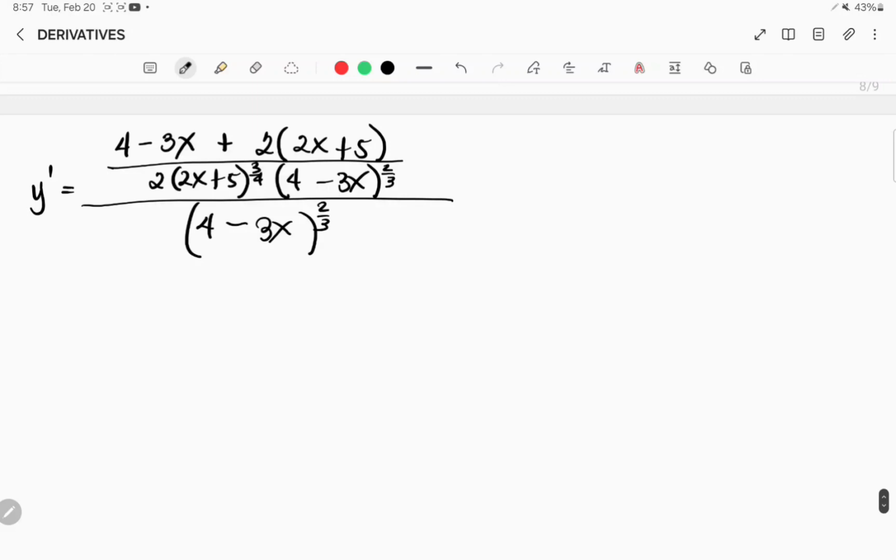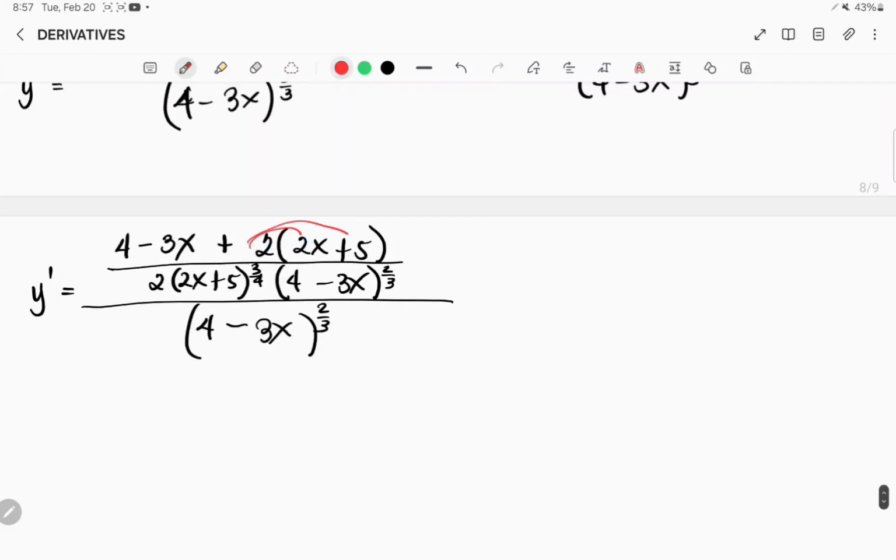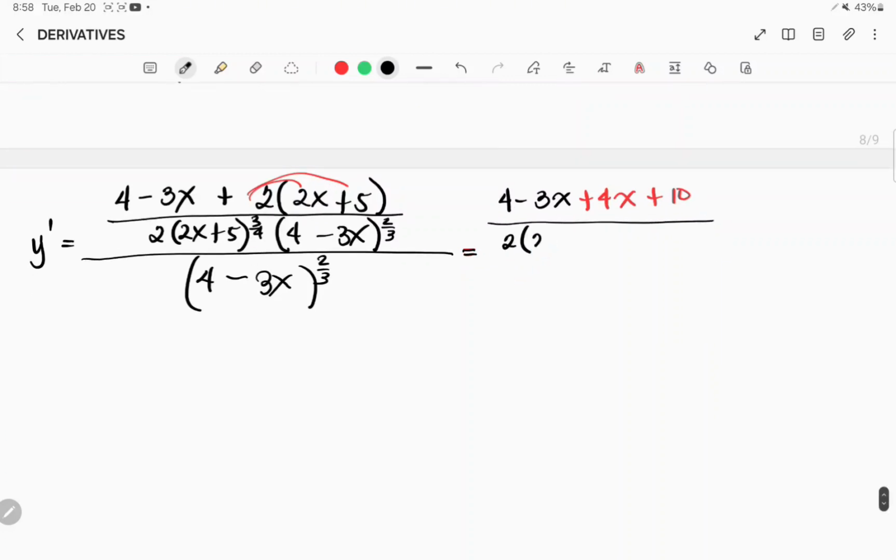So let's further simplify. We have to distribute this and check if we can combine some similar terms. So it will become 4 minus 3x plus 4x plus 10 over 2 times 2x plus 5 raised to 3/4 and 4 minus 3x raised to 2/3 over 4 minus 3x raised to 2/3.